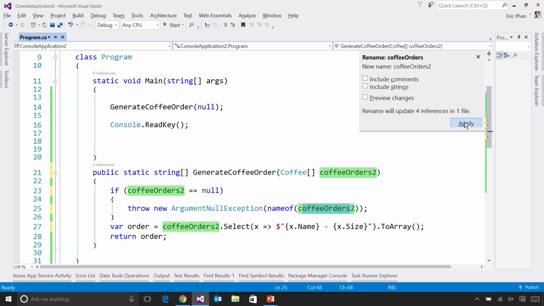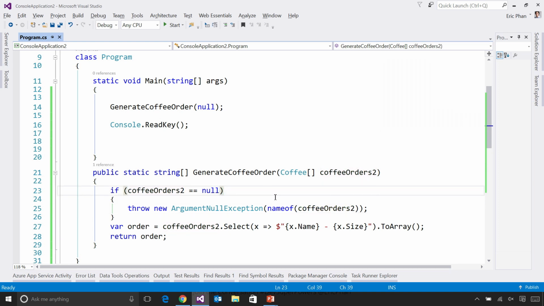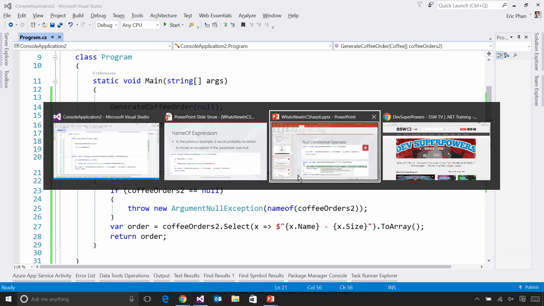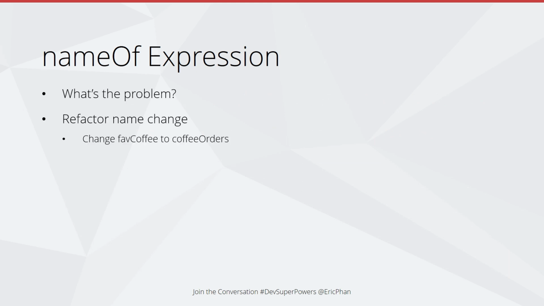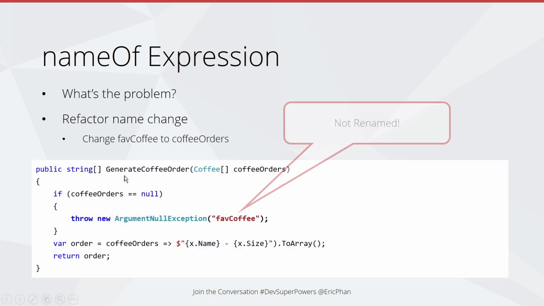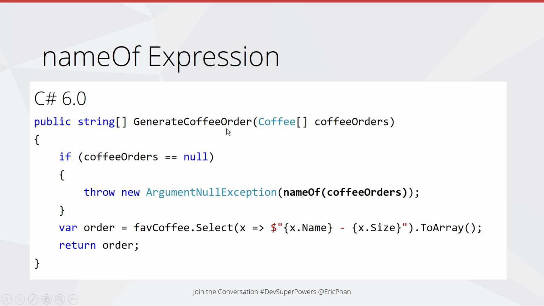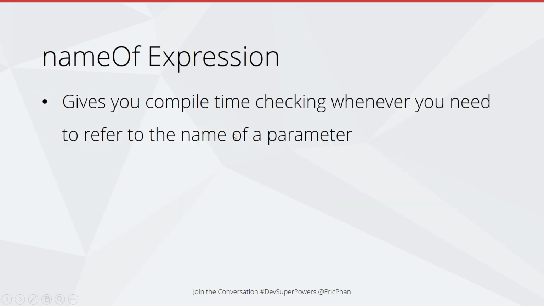So it's very handy whenever you need to refer to a parameter name in a string. All right, cool. As I said, in C# 6, we can just use the nameof expression. It gives you compile time checking for the parameter name, which is great.